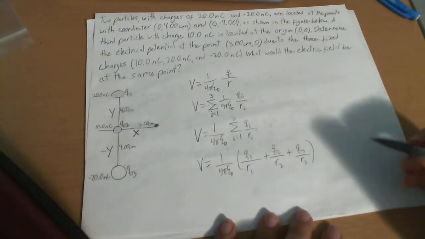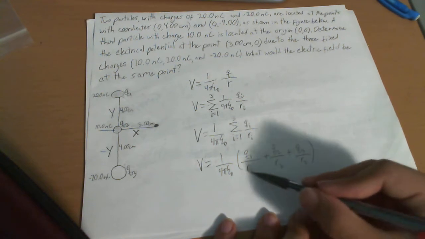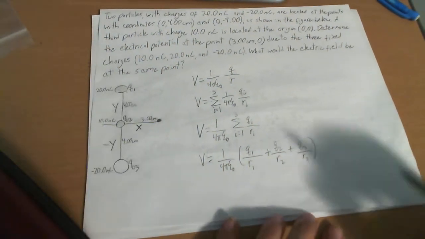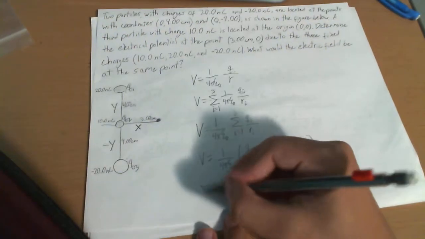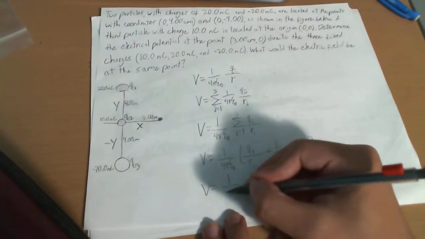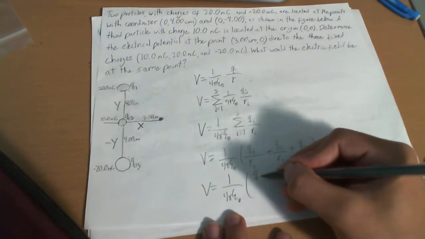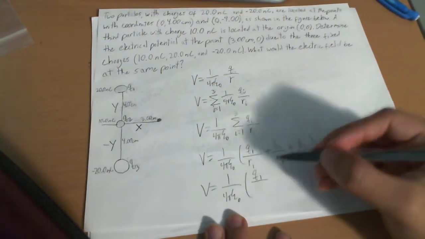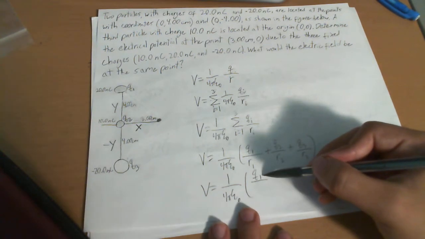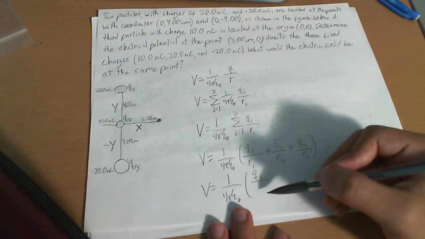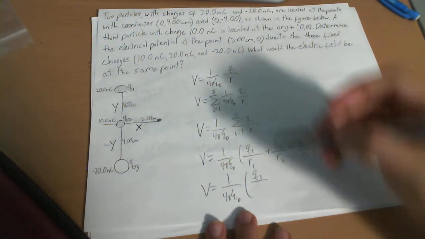Now we need to write R1, R2, and R3 in terms of our known quantities. So let's do that. For the first charge, it's going to be Q1 over R1. So what's R1? R1 is the distance between Q1 and our point of interest.